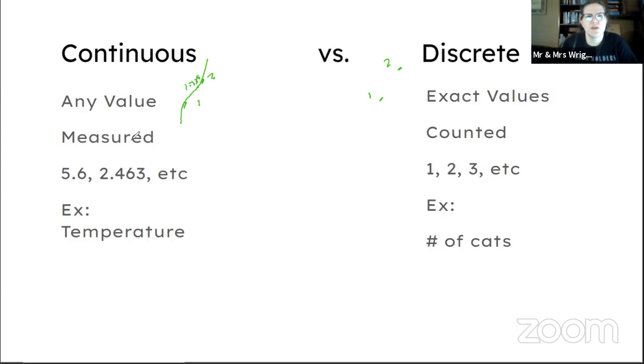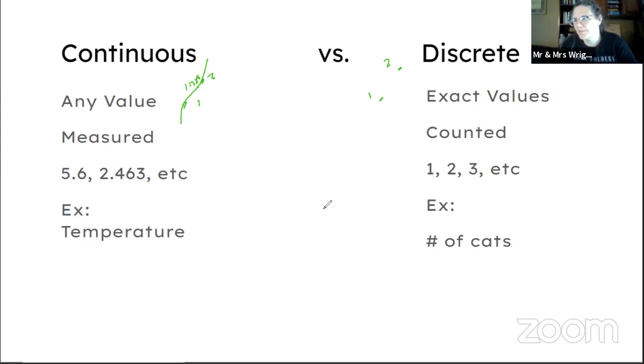Okay, so continuous is measured. So think temperatures, think milliliters, okay? Think pounds, whereas discrete is going to be counted. Items, how many items you have. I recently bought 4 plants. I didn't buy 4.5 plants. I bought 4 plants.